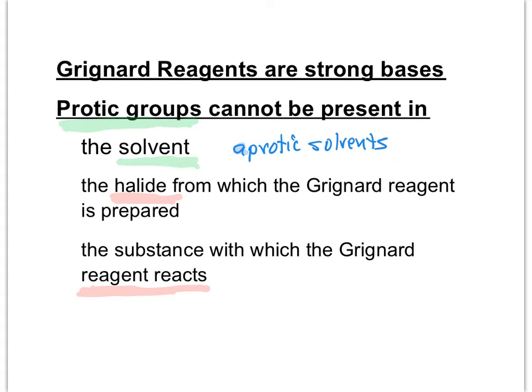So whatever molecule or compound we're trying to react our Grignard with can't have any protic groups in another area of the molecule. All of those things will cause the Grignard to be protonated, and then it becomes unreactive.